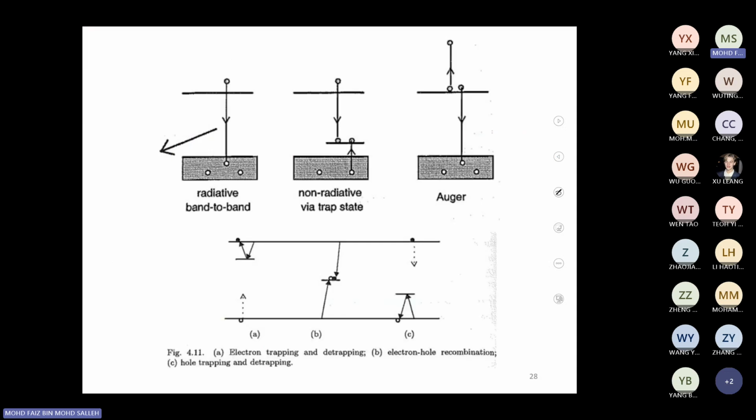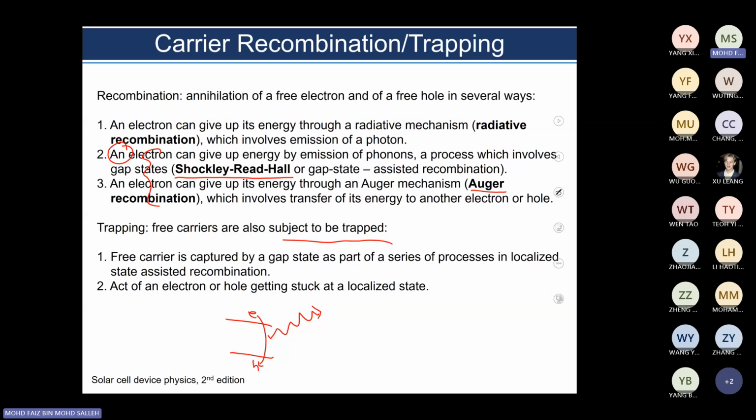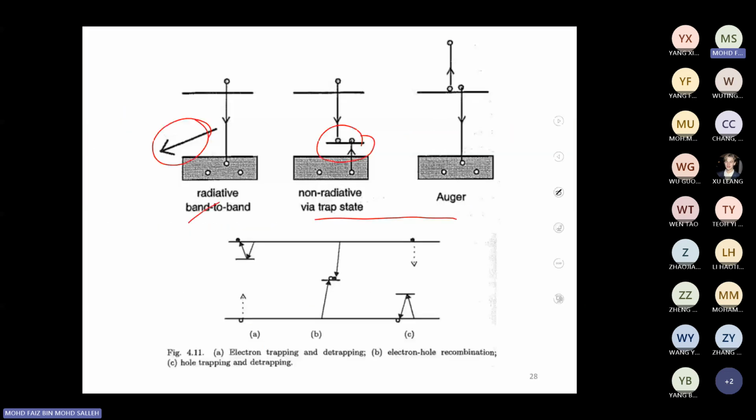Just as I mentioned, we can have radiative recombination that produces light, and we can have non-radiative. So this one is number 2, the Shockley-Read-Hall. It is based on states inside the bandgap. Either the electron can be trapped, or it can drop to that state and release some energy. In Auger, when it drops and recombines, the energy is transferred to a neighbor electron.